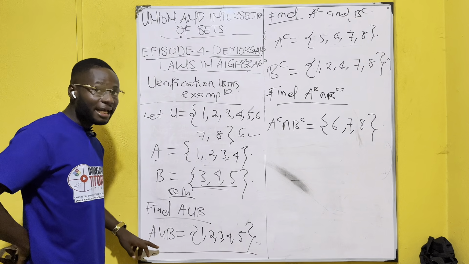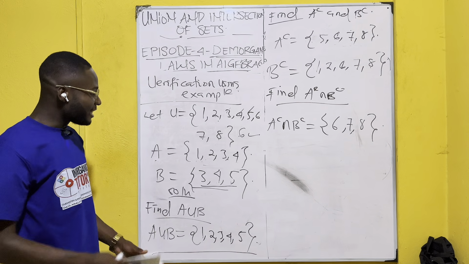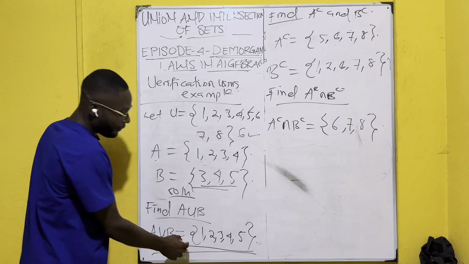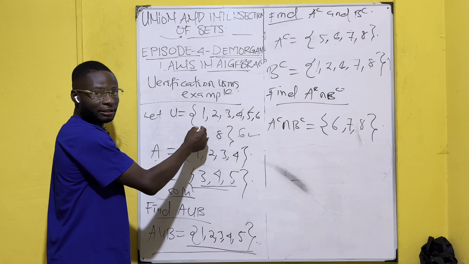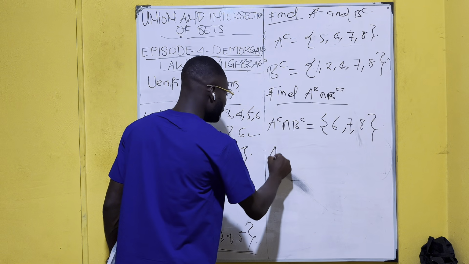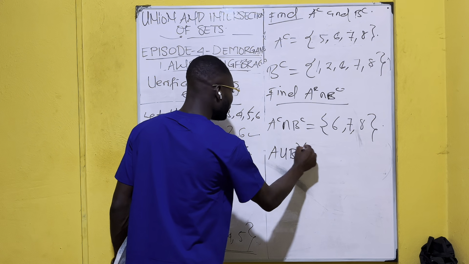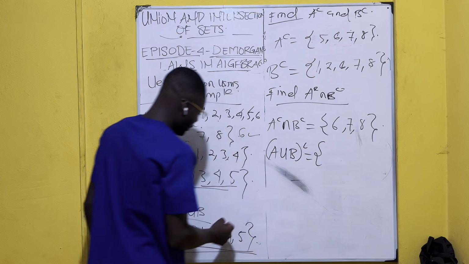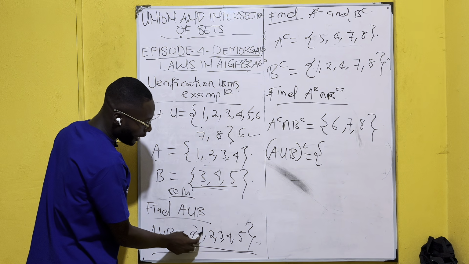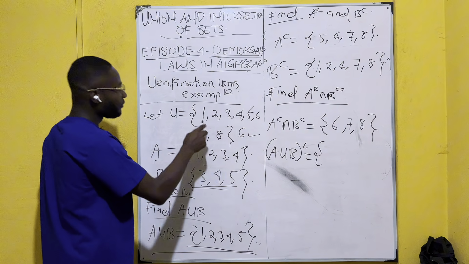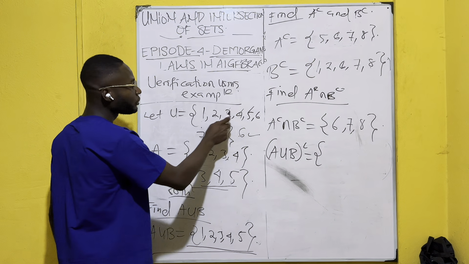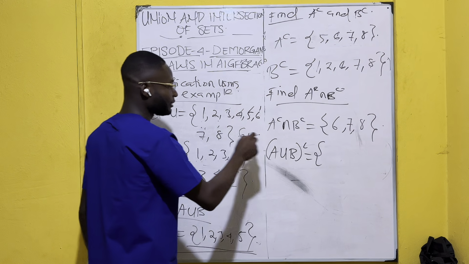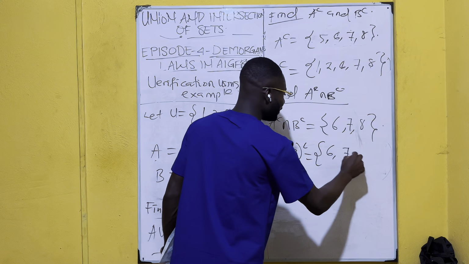So if you want to find A union B complement, then it means that we are going to take A union B from the universal set. So we are going to take 1, 2, 3, 4, 5 from the universal set, and we are left with 6, 7, and 8. So we have 6, 7, and 8.